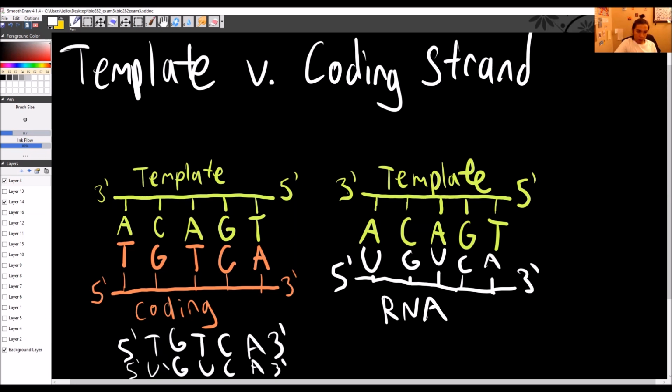It is that our RNA is identical to the sequence of the coding strand, except instead of thymine, it has uracil. So this makes sense because our template strand of DNA was complementarily paired to the coding strand, and then when you were synthesizing new RNA, you were complementarily pairing it with the template strand. So the coding strand and RNA have the same sequence, except RNA has uracil instead of thymine.